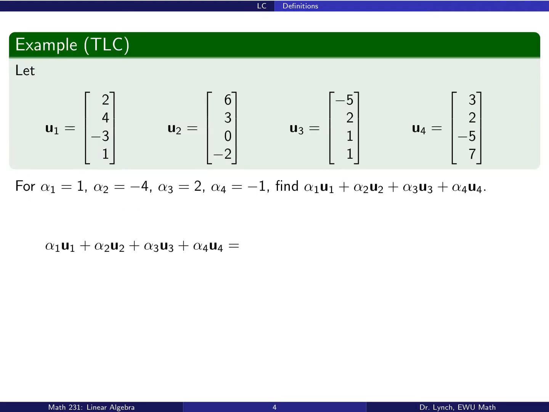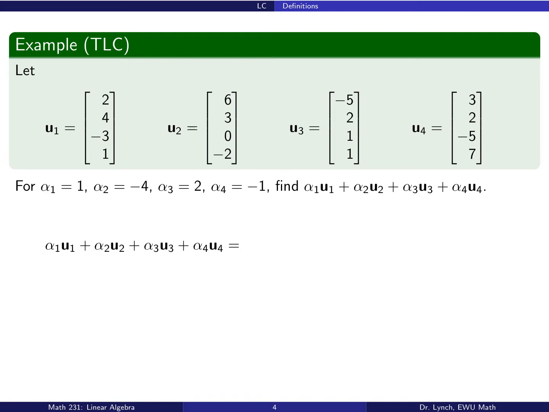Okay, so a couple examples. Here's a linear combination. We'll go ahead and have a look at these four vectors and these four scalars. So given these four vectors, u1 to u4, and four scalars, alpha 1 to alpha 4, the linear combination alpha 1 u1 plus alpha 2 u2 plus alpha 3 u3 plus alpha 4 u4 is well defined.